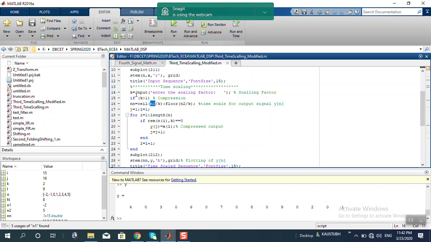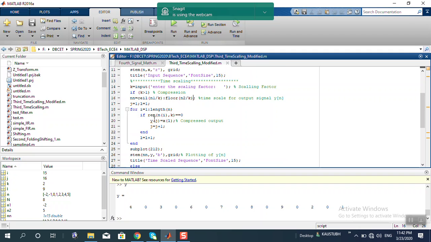Since my scale factor is k, for example k is 2, it is n1 by k, and since it is the left hand side, ceil and floor both will round it off. Ceil will round it up towards positive infinity, floor will round it down towards negative infinity.